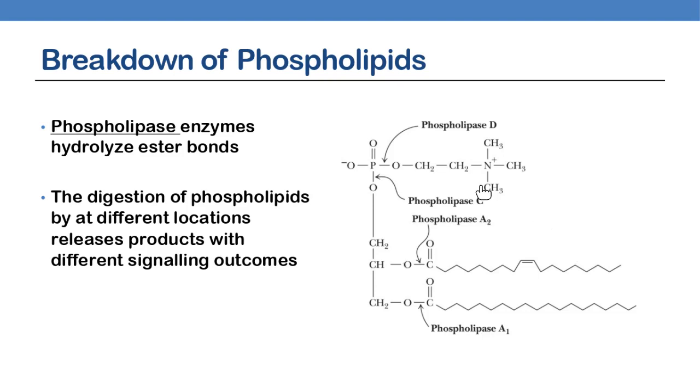Or we can have phospholipases C and D, which release either the choline head group or whatever head group it is, or the head group plus that phosphate. All of these have different signaling effects. I don't think you need to know the specifics of what each one does, but just know that you can get different signals from the different types of substrates.